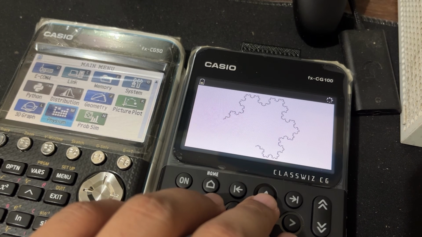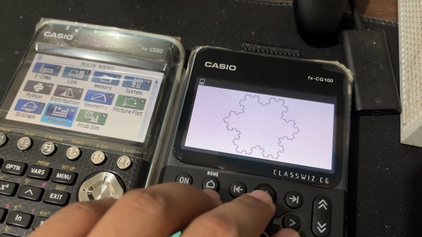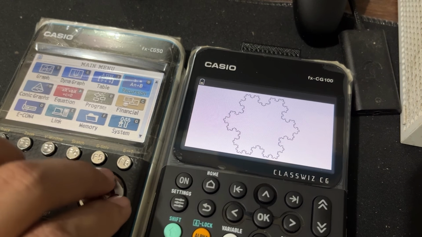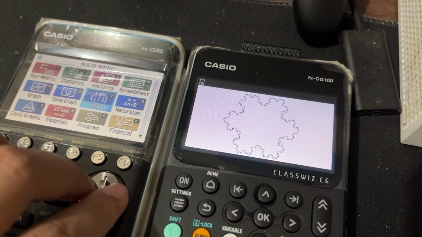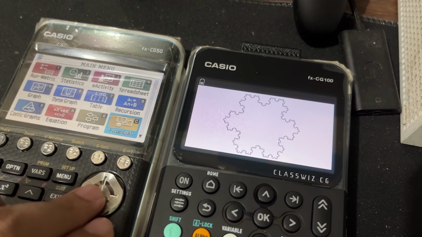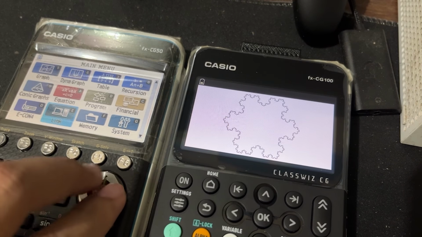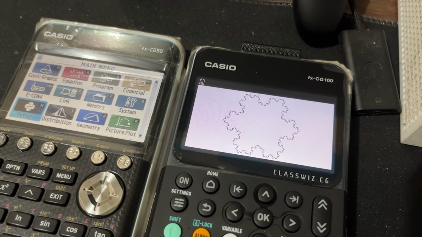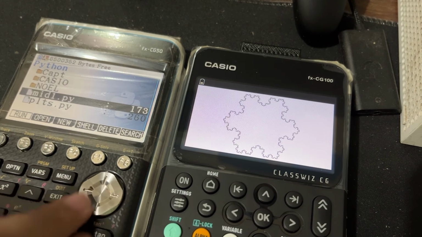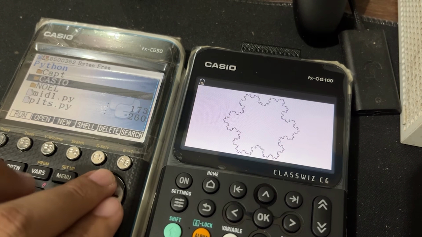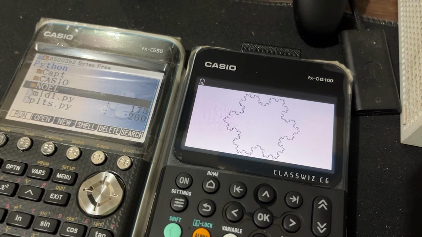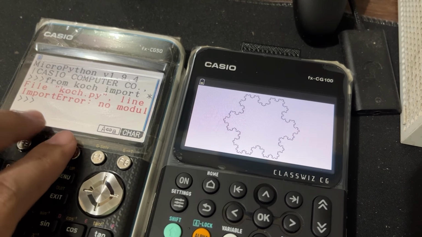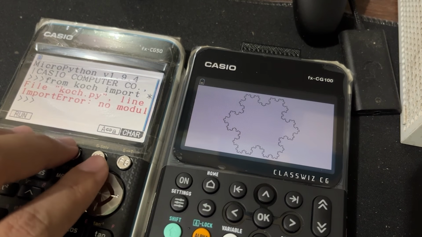Wow, it's amazing. It's a programmable calculator. This one doesn't have an outdated version. If you press here, yes, it's outdated. You can't draw the snowflakes.